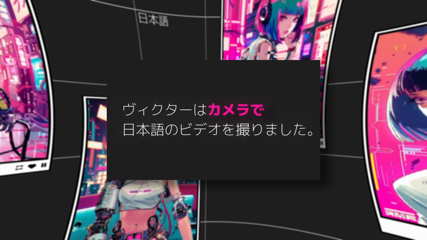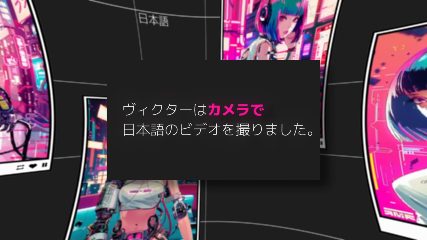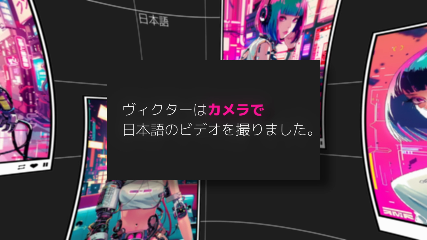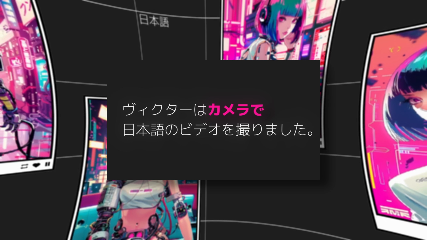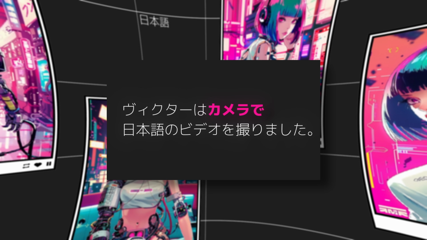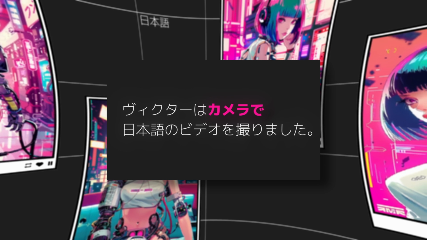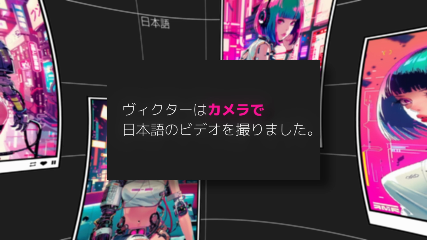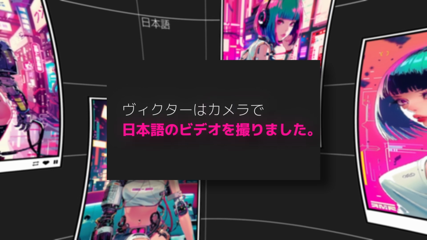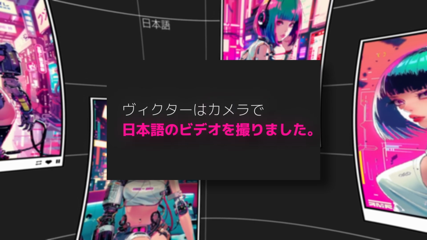Camera de, well, we didn't talk about de, but camera you can kind of think about if you think what camera could mean in English. Camera, so in this case camera. De, in this case it's a tool. So Victor had a tool, camera, and then Nihongo no video o torimashita.